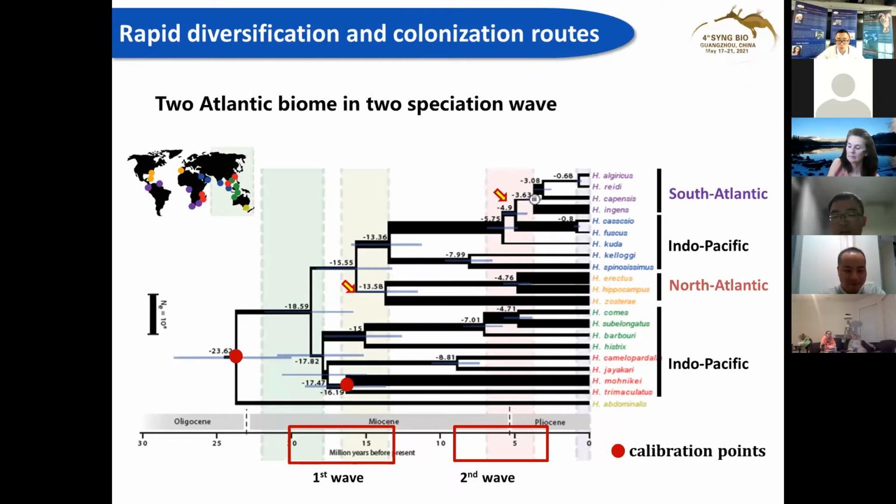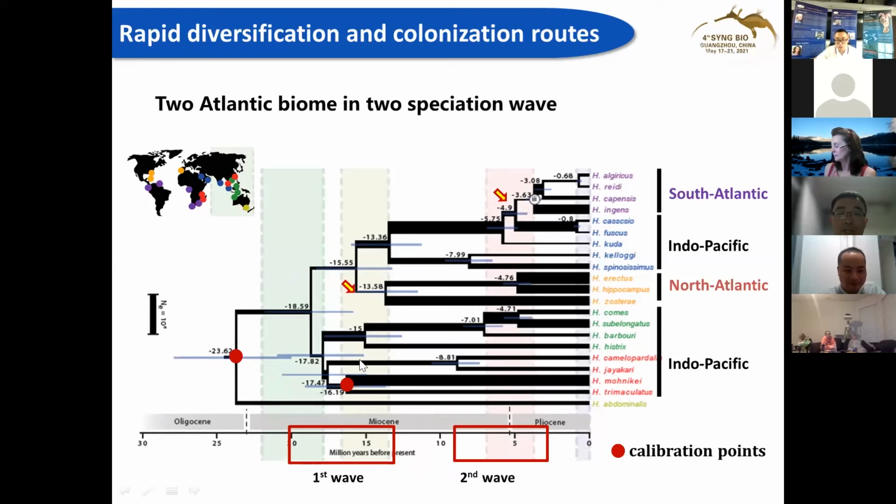And the results showed that the common ancestor of all extant seahorse species lived about 20 to 25 million years ago. And then there are two remarkable speciation waves, at 20 to 15 million years ago and 9 to 3 million years ago.